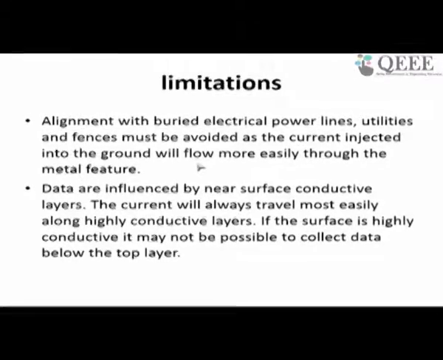The current will always travel most easily along highly conductive layers. If the surface is highly conductive, it may not be possible to collect data below the top layer. So if there are electrical lines or specific conductive layers, you have to be cautious while doing the electrical resistivity test.